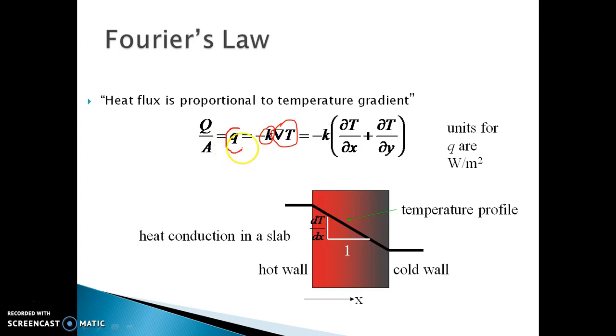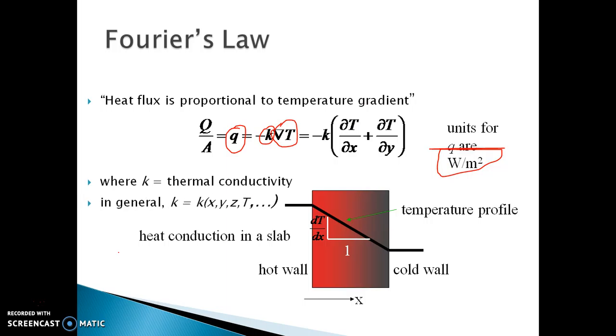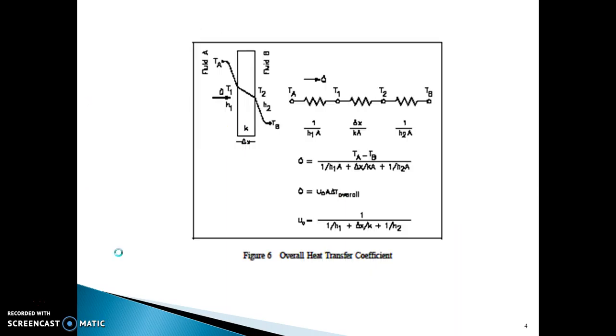Here Q is the heat transfer rate per unit area, in watt per meter square. The thermal conductivity depends upon x, y, z and del T also, in a three-dimensional system.